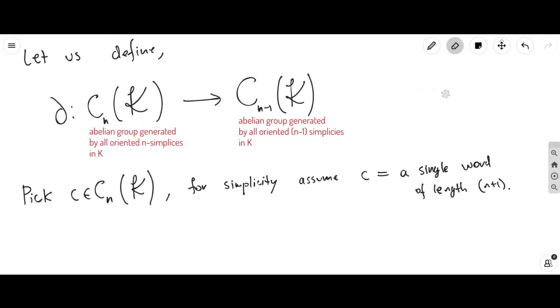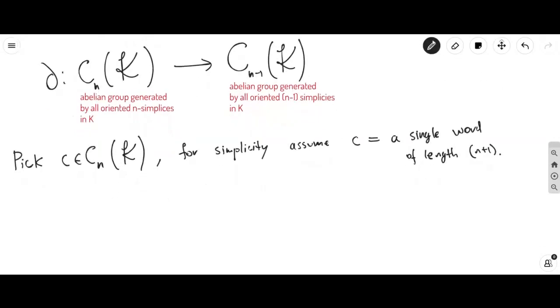Okay, so let's write C as a word. You have letters, let's say A0, A1, A2. Well, I should not put the comma. It just continues to An, where each Ai, written as the singleton set containing it, is a vertex.